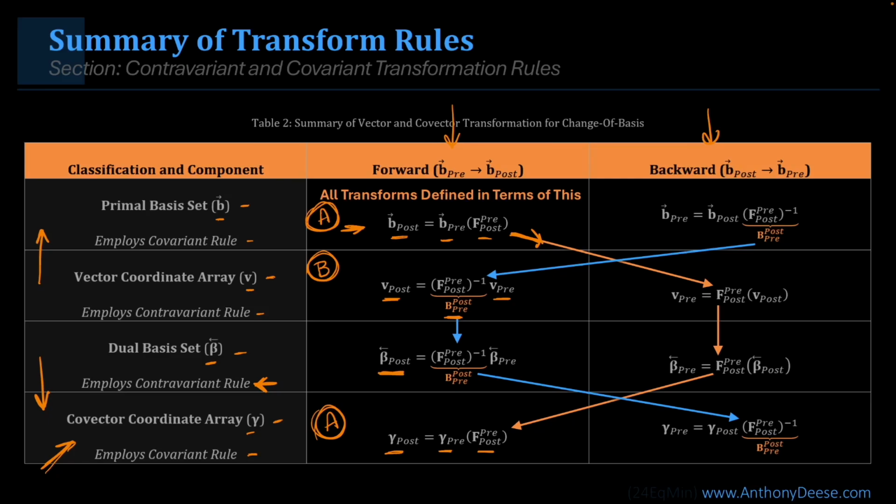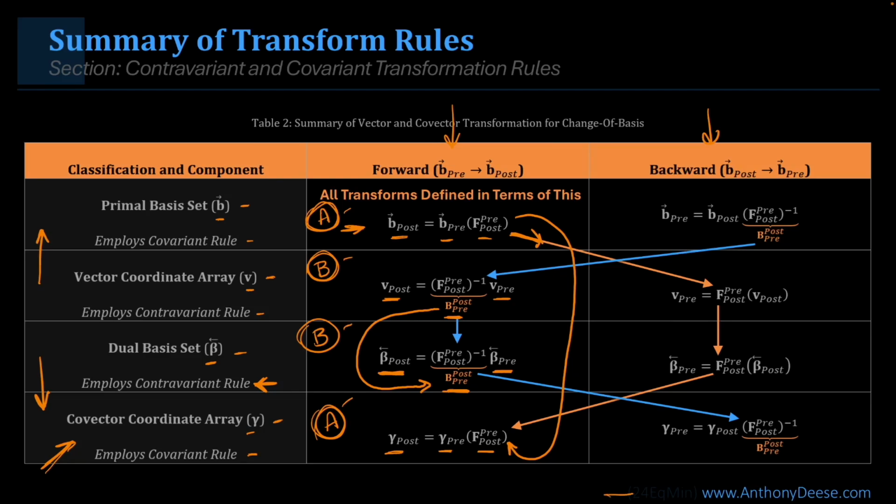We do see a similar form. Beta post is equal to that same, right? This is the same matrix, okay? And then this is also the same matrix. Okay, B post is equal to the backwards transform matrix times the pre-transform value. So A and A, right, they exhibit similar behavior. B and B, they exhibit similar behavior.